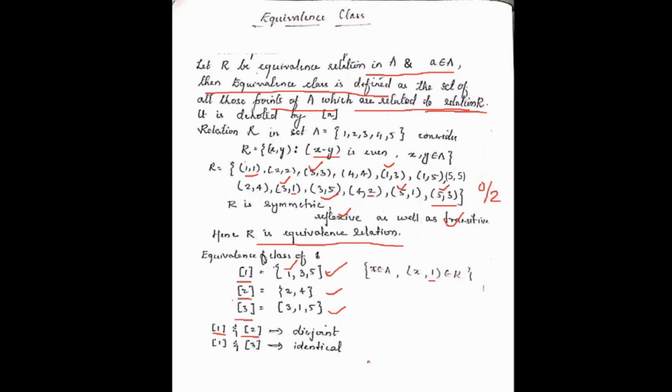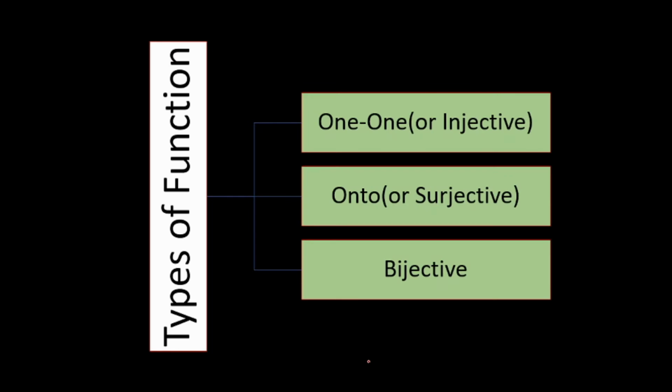Okay, next we'll move on to different types of functions. We have three types: one-one or injective, onto or surjective, and the third one is bijective. First one we'll learn is the one-one function.